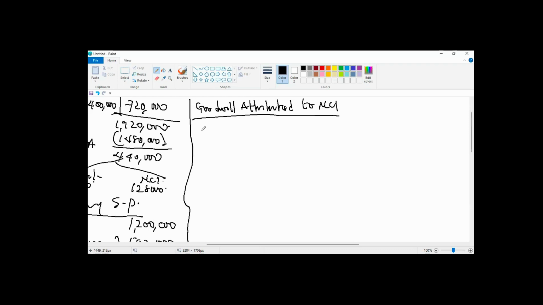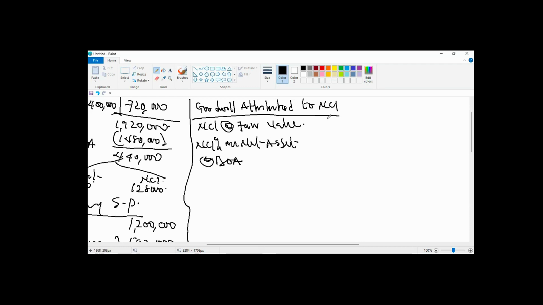I know the formula. I will now apply it as NCI at fair value minus NCI percentage on net assets at the date of acquisition.